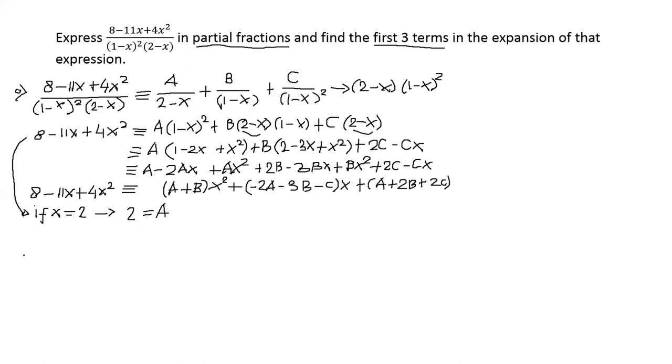If a equals 2, next, according to equating coefficients, look at these coefficients. The coefficient of x squared is a plus b, and the coefficient of x squared is 4.